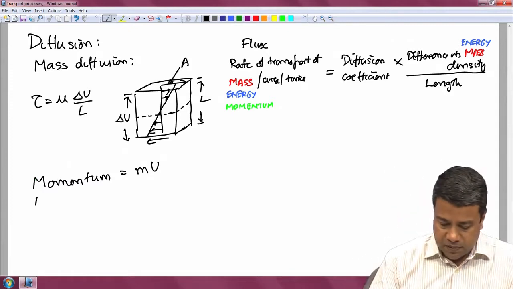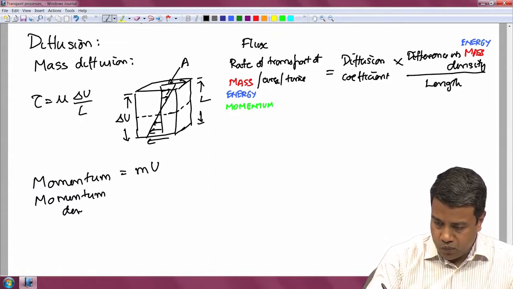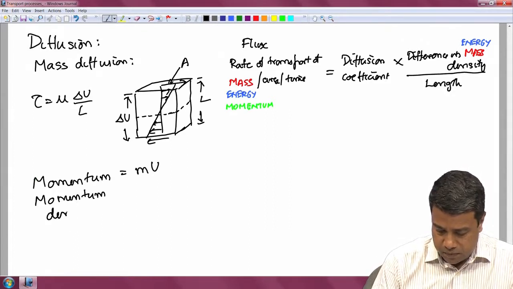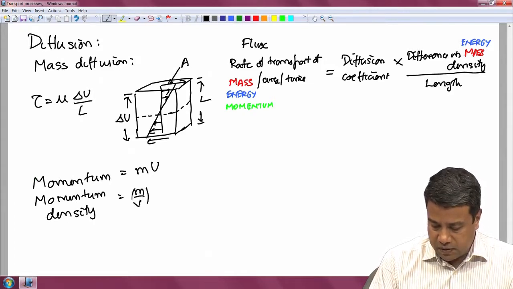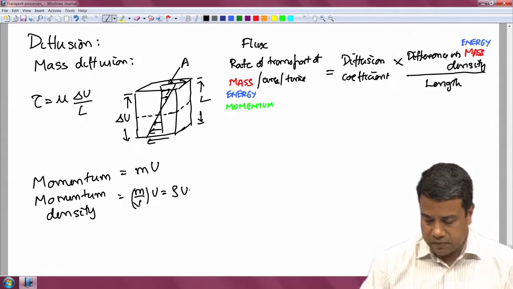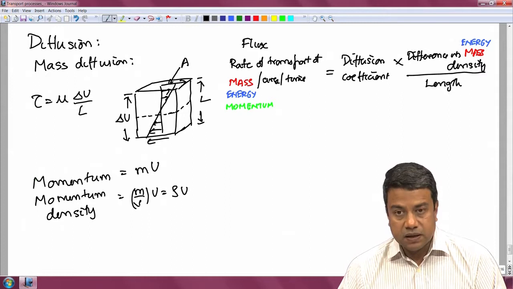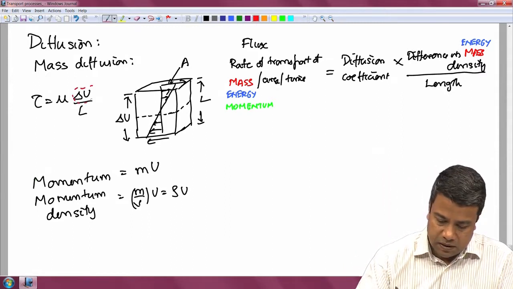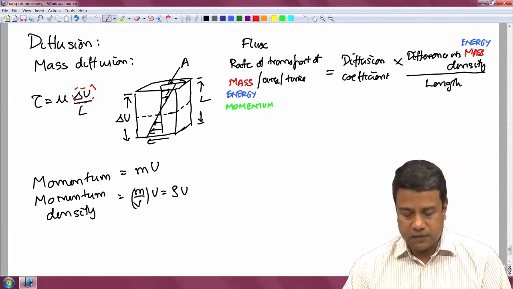Therefore, the momentum density is equal to mass per unit volume times the velocity, which is equal to rho times u. So, therefore, I should express the difference in velocity in my expression here in terms of the momentum density, and that is quite easy to do.